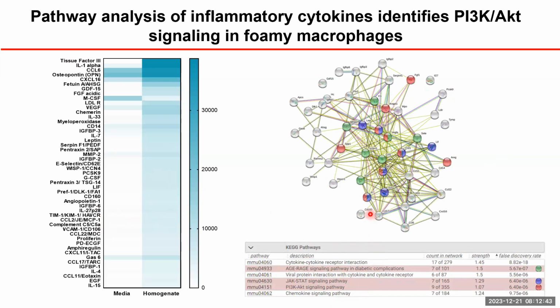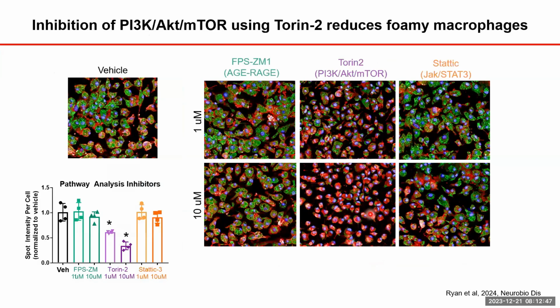Obviously, this is just computational, and so we took an experimental approach to try to validate this. So we took inhibitors for each of these three pathways. So this is the FPS compound here, an inhibitor of the HRACE pathway. We took taurine-2 as the inhibitor of the PI3 kinase AKT pathway, and we took static as a JAK-STAT3 pathway inhibitor.